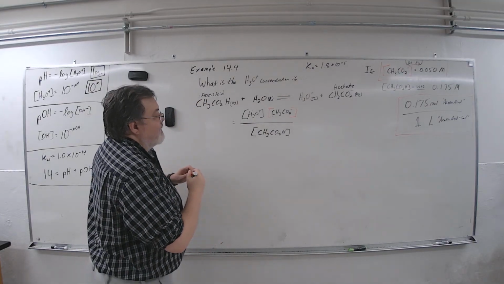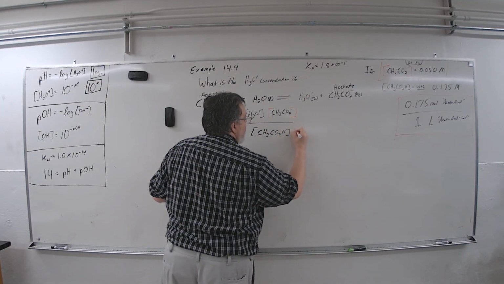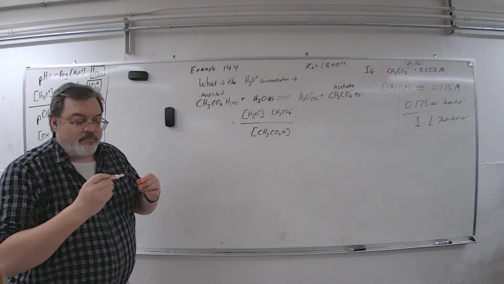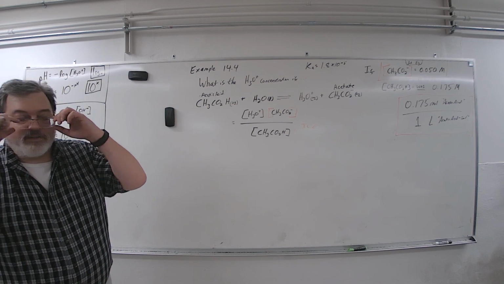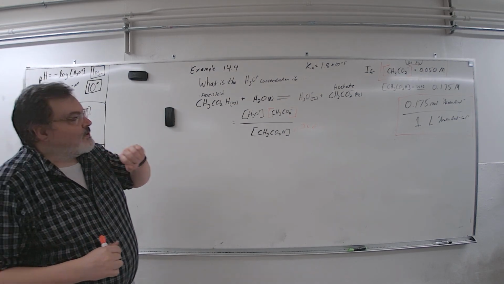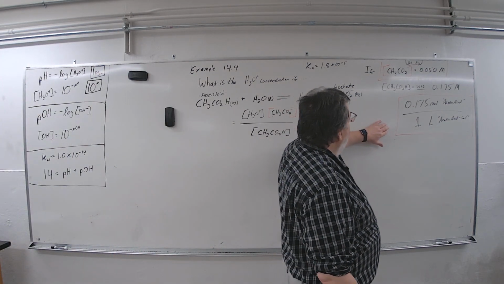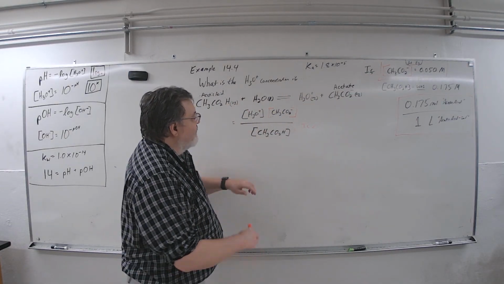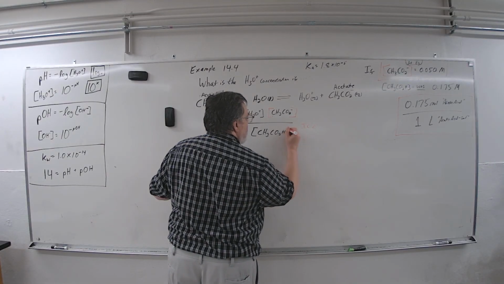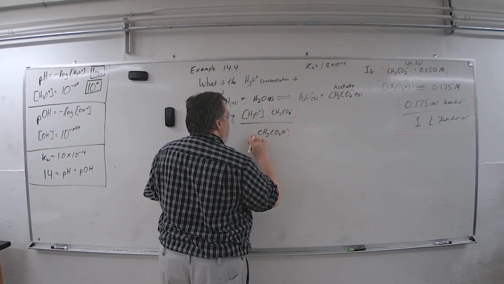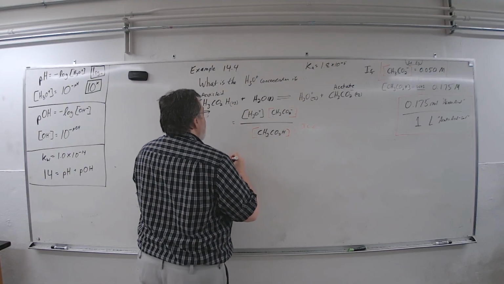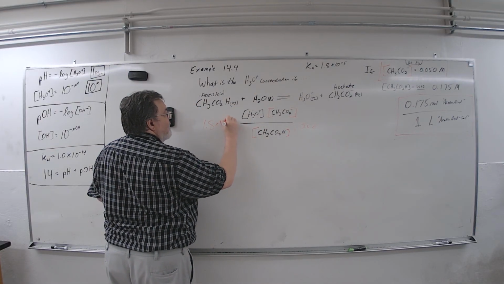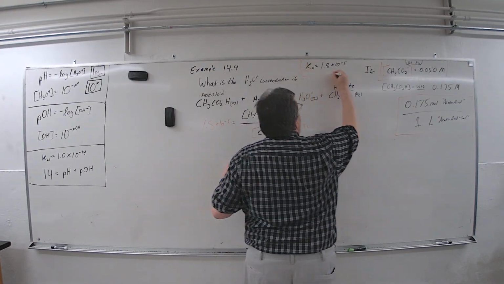So you're given that as information, and you're told at equilibrium, this is how much of this we have. You would use an ICE table to find out how much of that was left, which I will do for test 3. The book doesn't do a good job of explaining the ICE tables. So you're told this, you're given this, and then you use an ICE table to find this. And then you're also told the Ka is 1.8 times 10 to the negative 5.